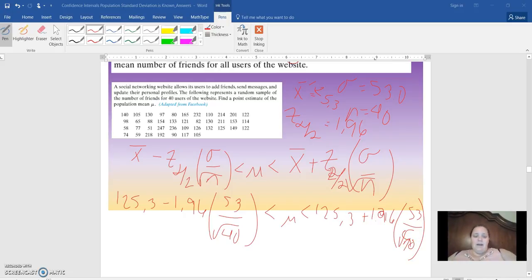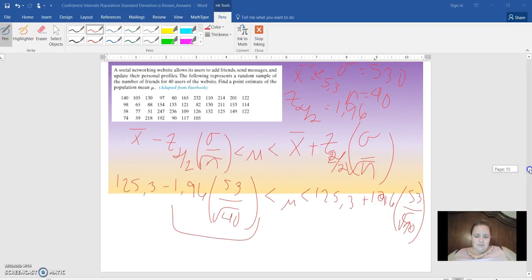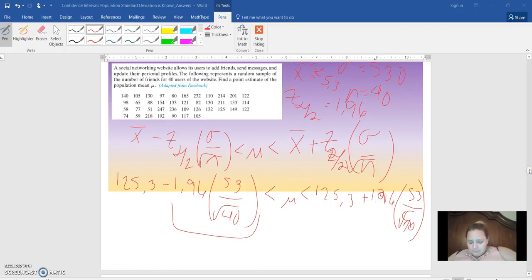I do this piece first, and then I put it together. 53 divided by square root 40, I get 8.3, times 1.96.